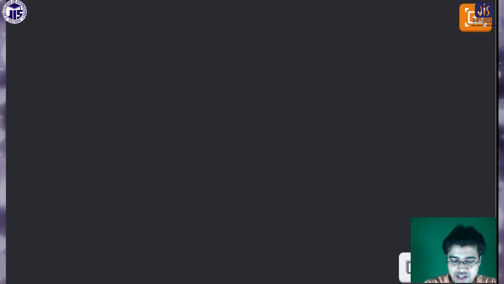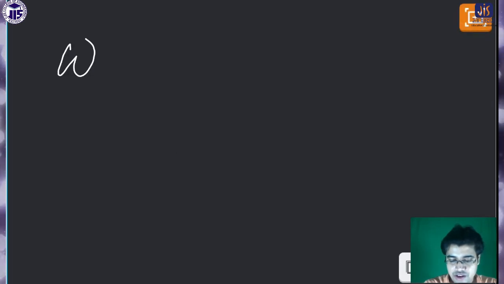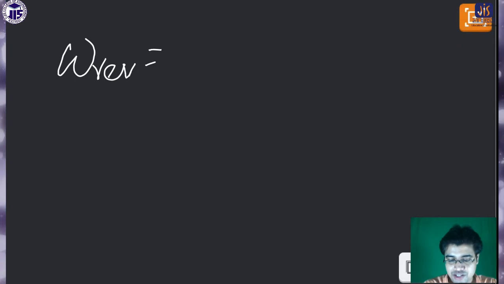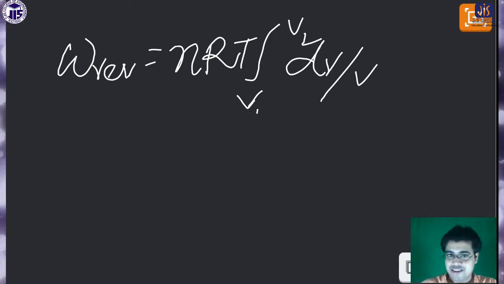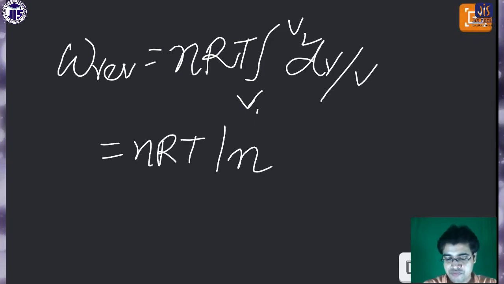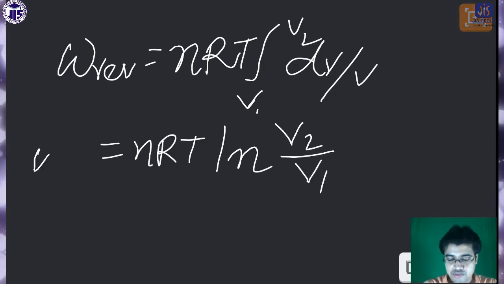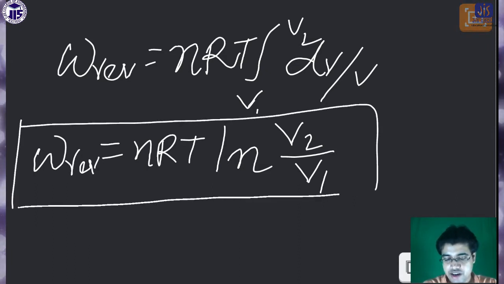W reversible equals nRT times the integration from V1 to V2 of dV by V. After integration, we get nRT ln of V2 by V1. So W reversible equals nRT ln of V2 by V1.